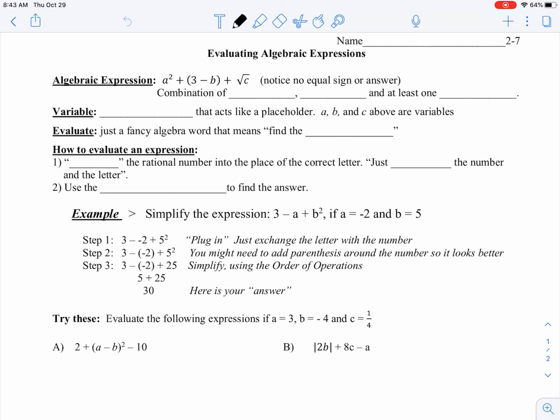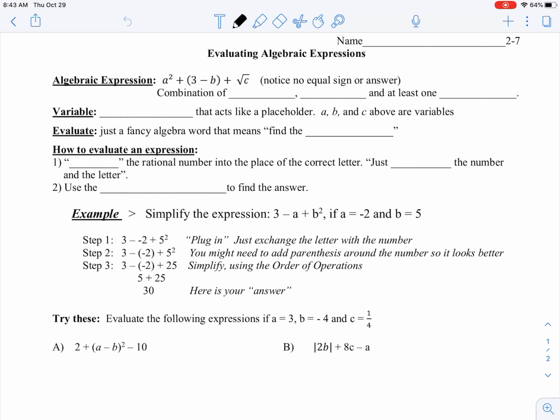So we got, as always, a few definitions to get through first. So first is algebraic expression. We're given an example right here, a squared plus the quantity of 3 minus b plus the square root of c. So once again, this is just an expression, so we have no equal sign here.